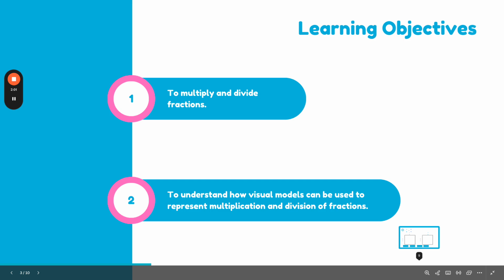So you may be watching this video and think, oh, I can do that easily, but understanding how it is visually represented can help to better aid your understanding and refine your knowledge in multiplying and dividing fractions. So we will look at how to perform the sum, but also how it can visually be represented as well.